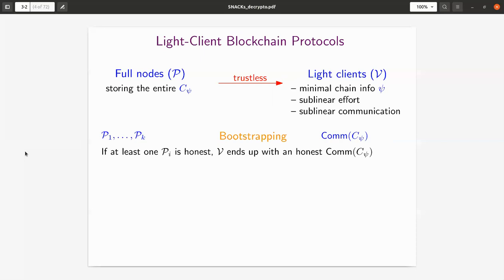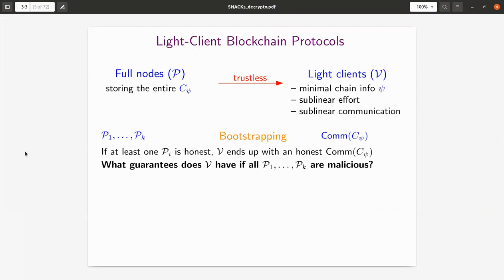So this has been studied in a model where we have multiple provers, as we've seen here, and the guarantee is that if one of them is honest, the verifier ends up having a commitment to an honest blockchain. What has not been studied so far, and what motivates our work, is what guarantees our verifier has if none of these provers is honest?